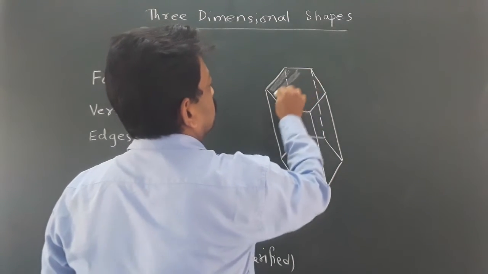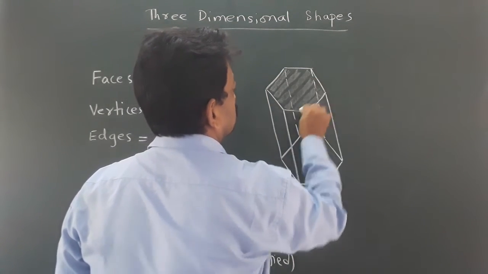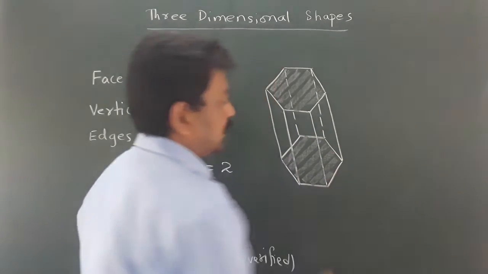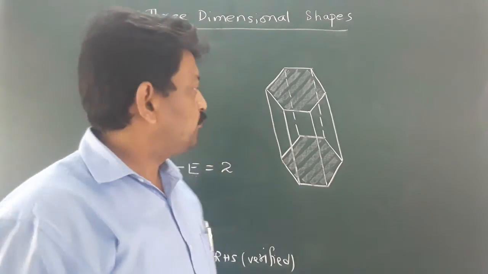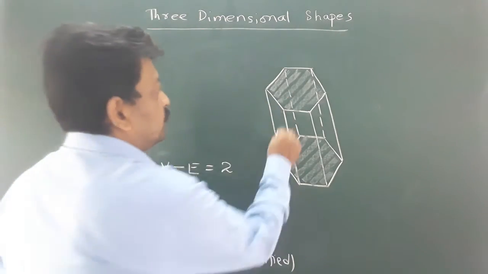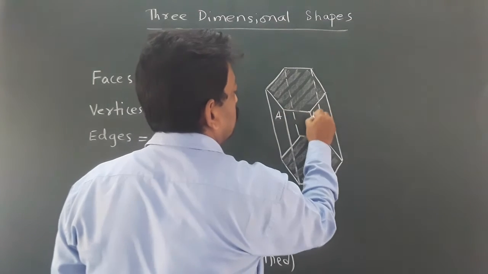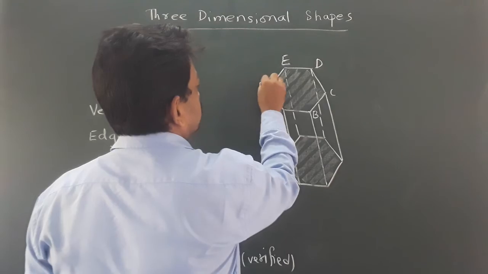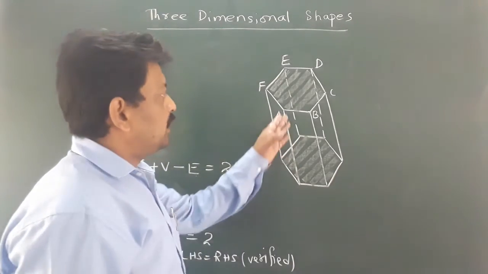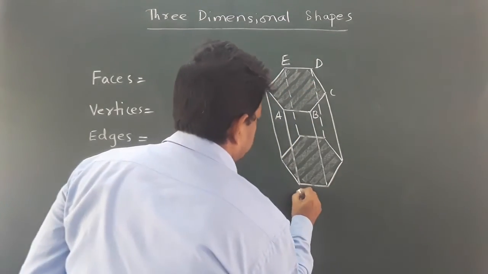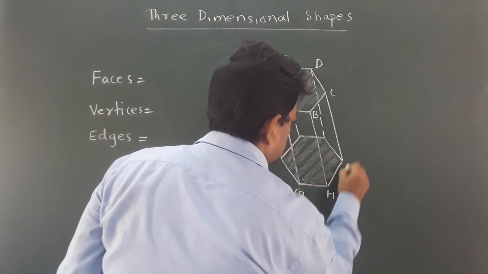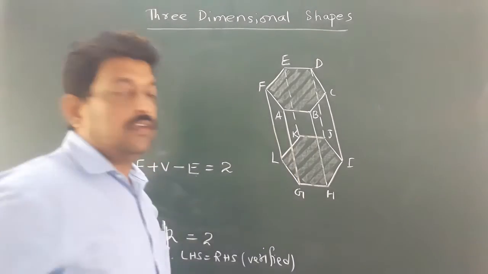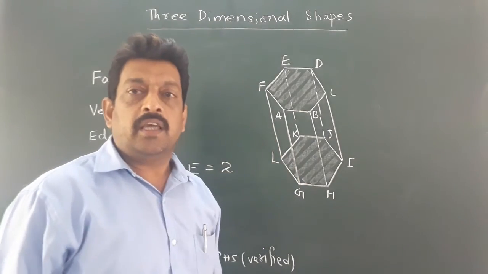The faces are hexagons and these faces are lying in parallel planes. A, B, C, D, these corners, the vertices, are A, B, C, D, E, F, and here G, H, I, J, K, L.